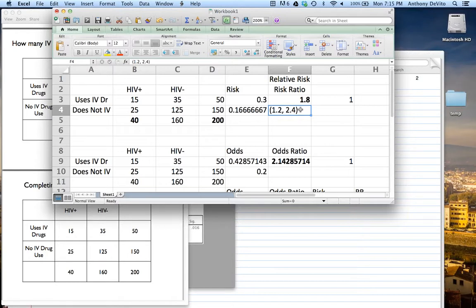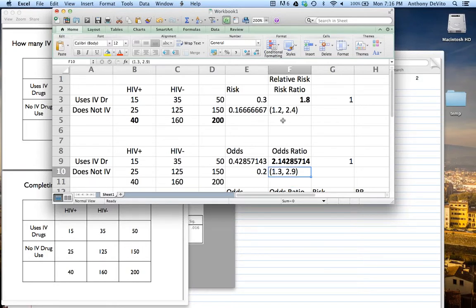Then I can say that I'm 95% sure that the true relative risk is different than 1. And I would do the same thing with the odds ratio. Maybe the odds ratio will come up to be 1.3 to 2.9 or something like that. So in that case, I have the same situation. I can say with 95% certainty that my odds ratio is different than 1.